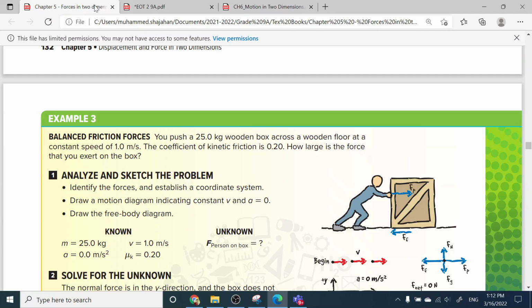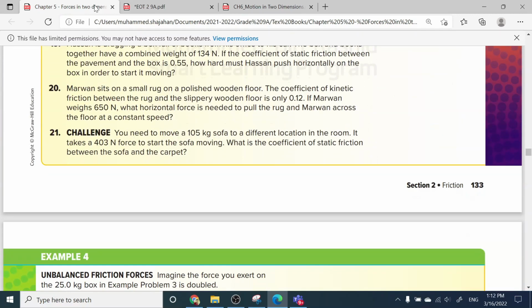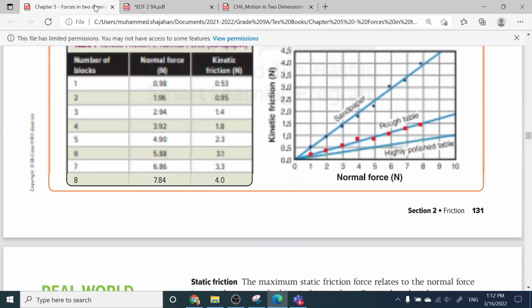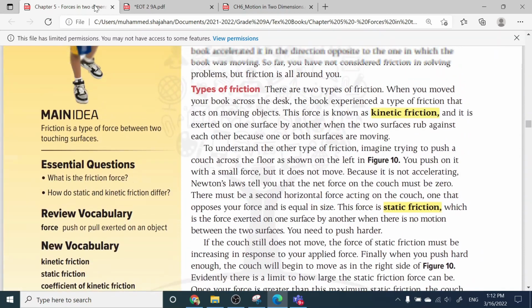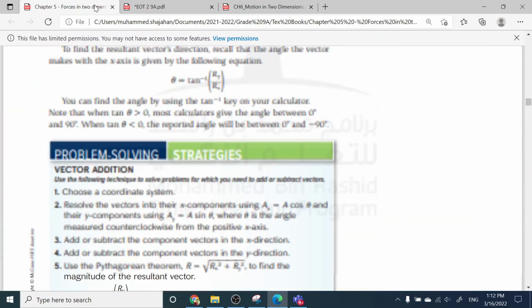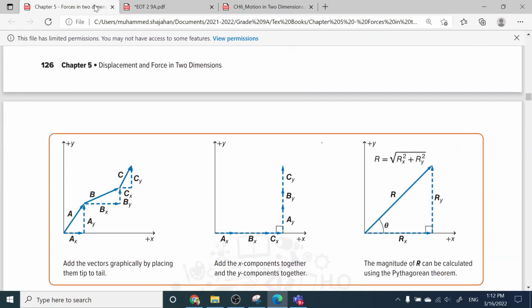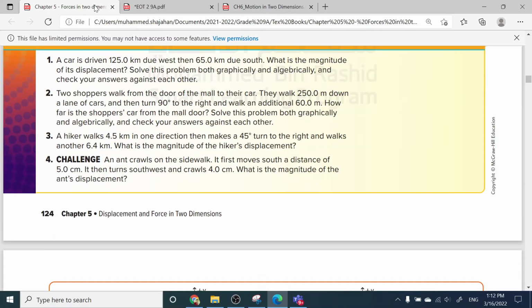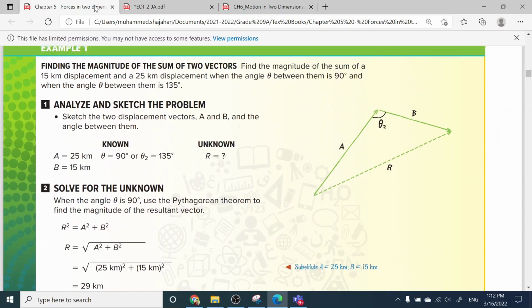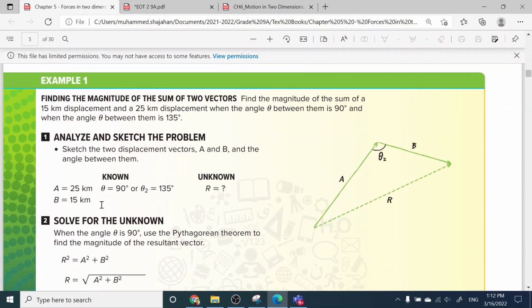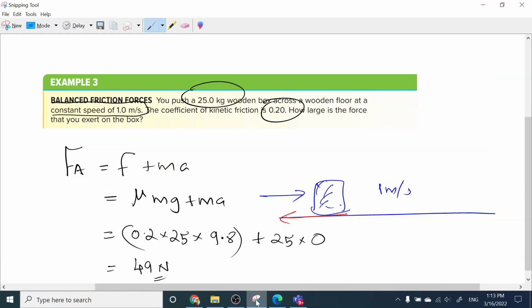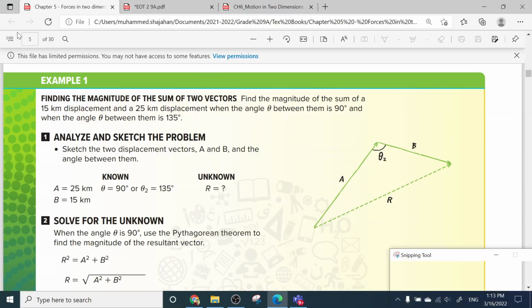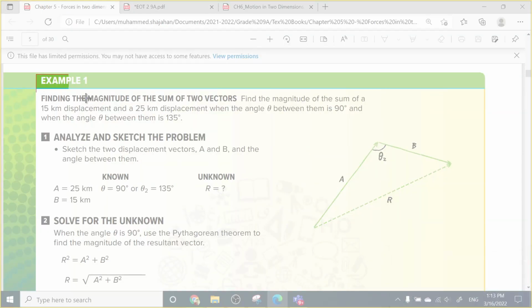So this is a very simple question, a direct question here. You need to directly use the equation.